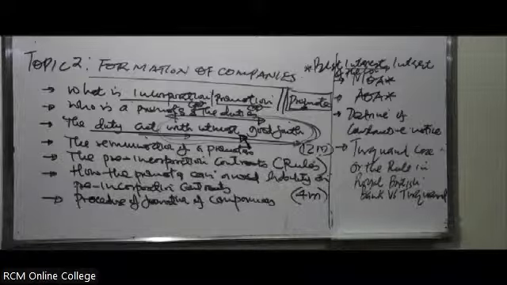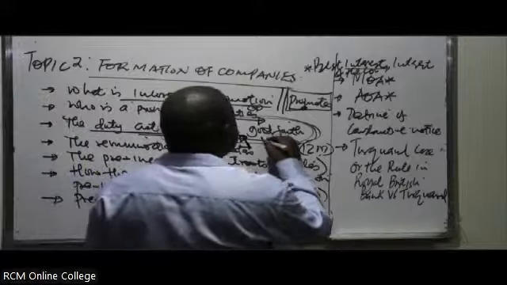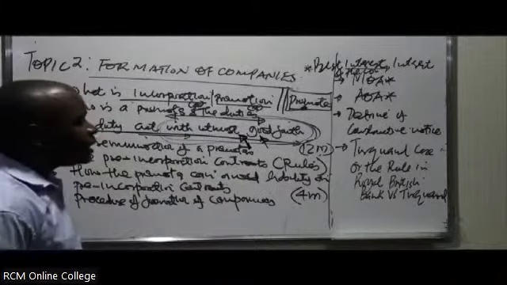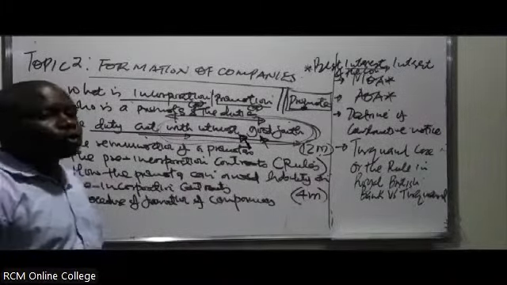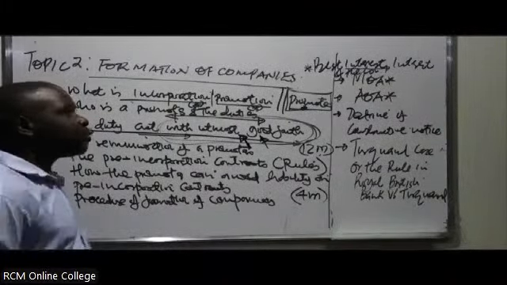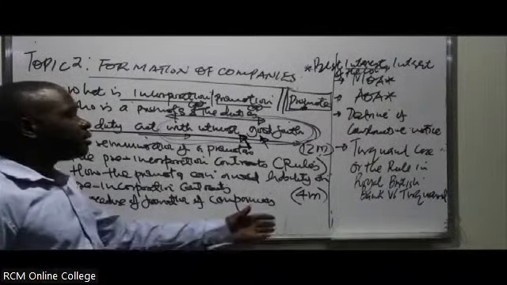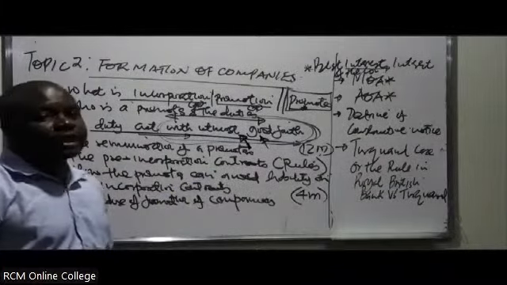For example, in a situation where he has failed to act with the utmost good faith, where he has dealt with the company, more so where he has transferred or sold part of his properties to enable formation of the company, and he hasn't acted in good faith, he has maybe sold it at an exorbitant price.